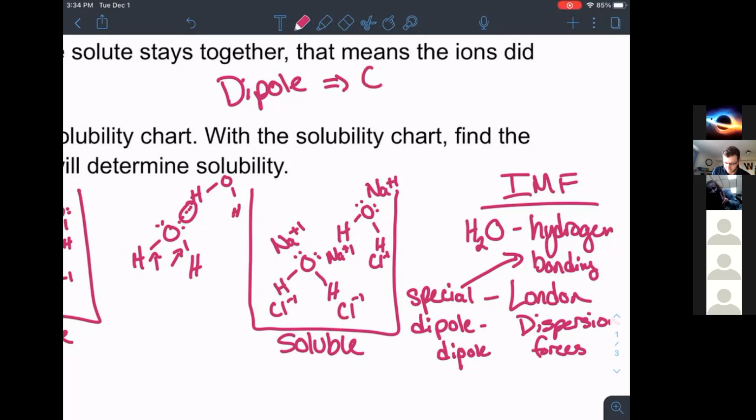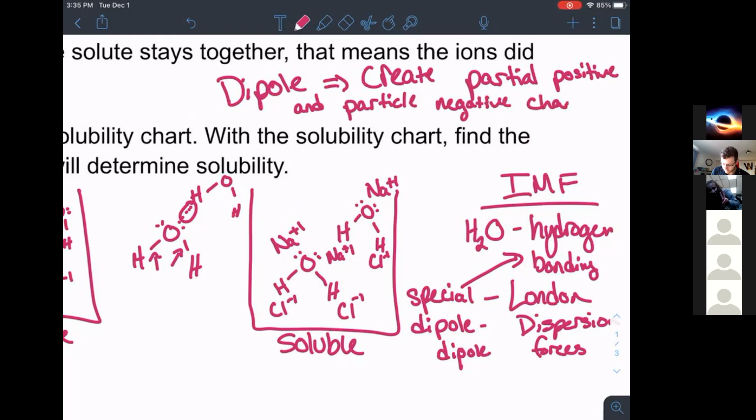So we create partial positive and partial negative charges due to a difference in electronegativity.